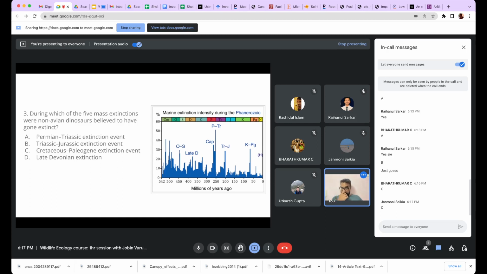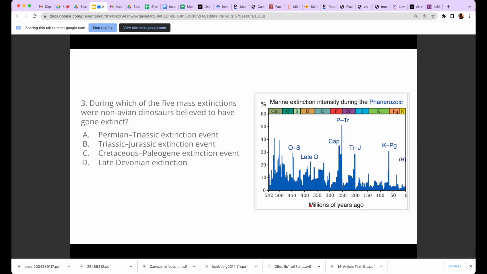Janmoni says C. It's a big clue, people. This is 0, this is 50, this is 100. So 65 is somewhere in between. What sits over here? That is Cretaceous Paleogene extinction. So the answer is C.